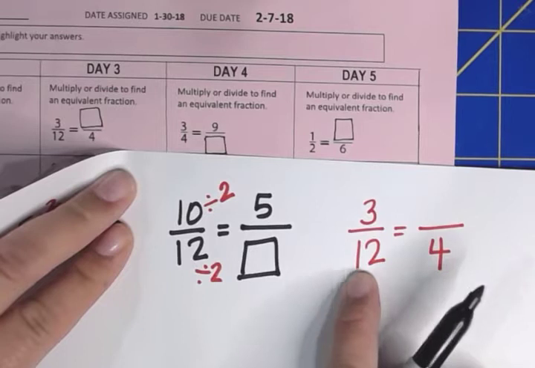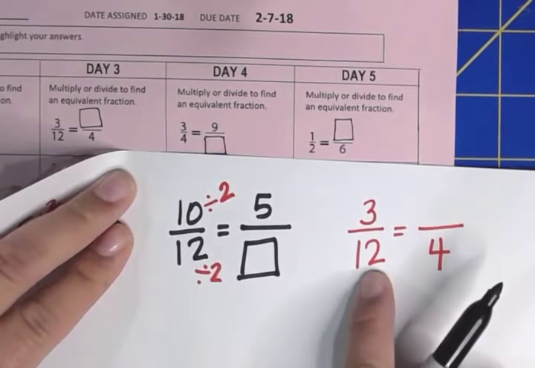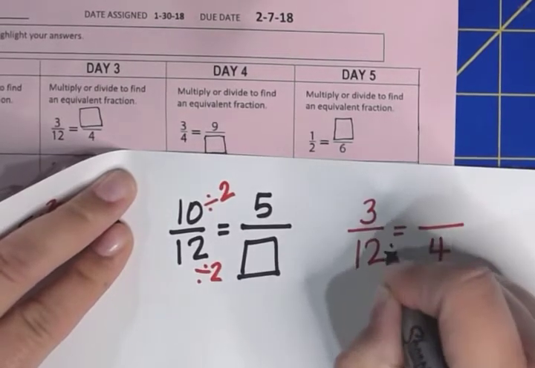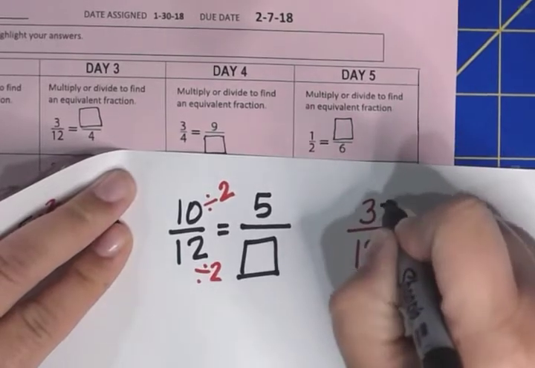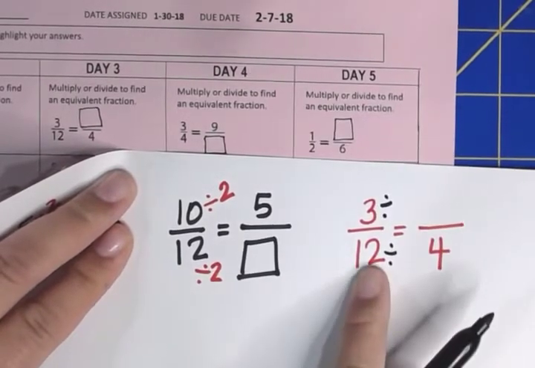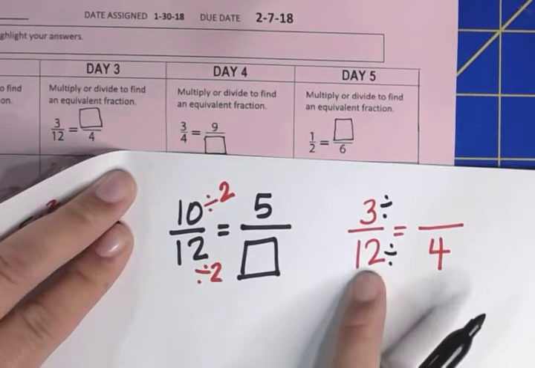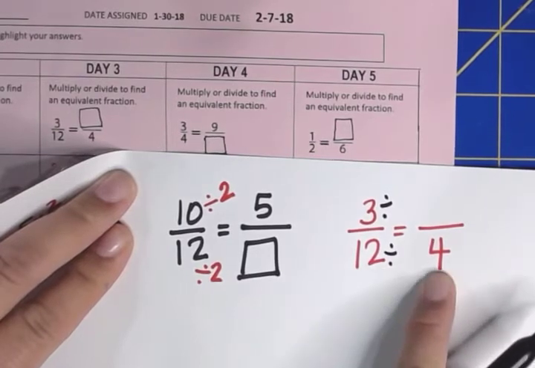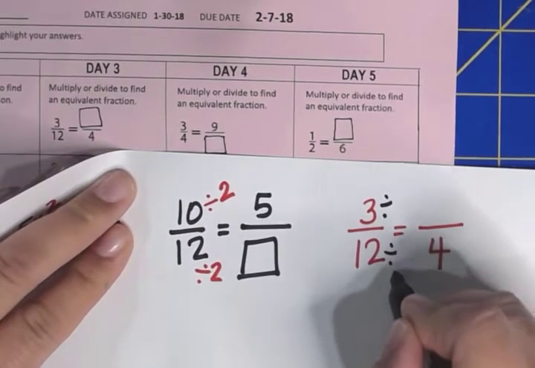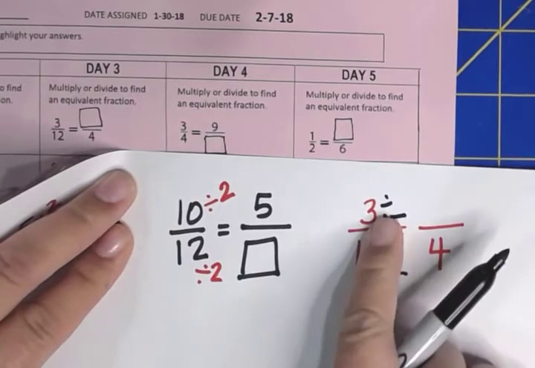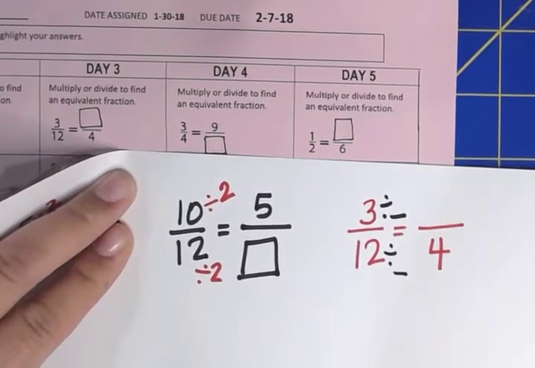Look at your numbers from left to right. They are decreasing, which means you are going to divide. And whatever you divide on the bottom, you do on the top. 12 divided by what is equal to 4. When you find this number, you also divide up here, and you will get that answer.